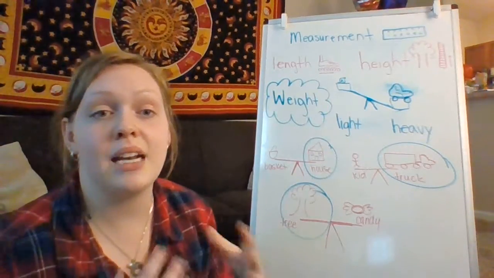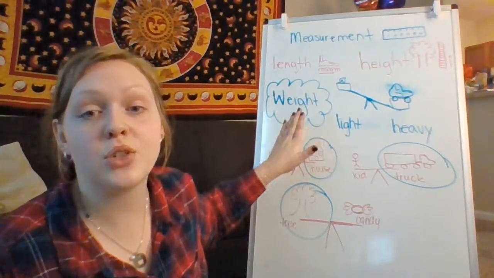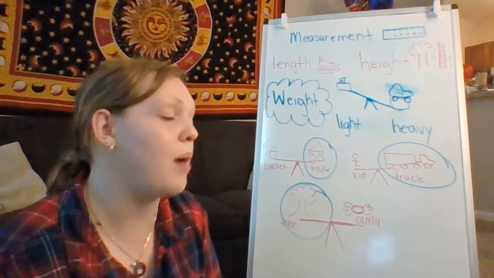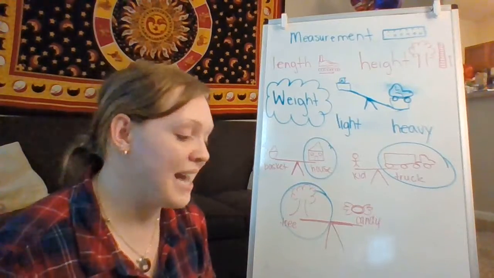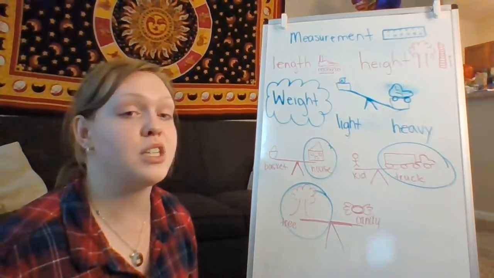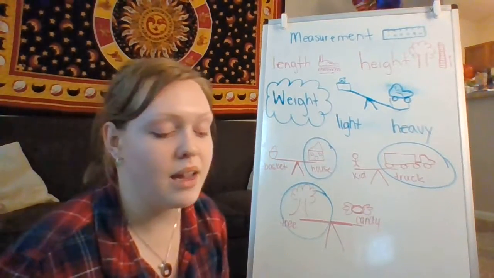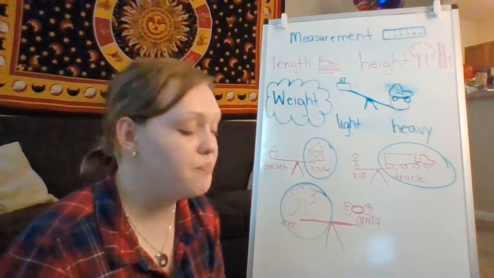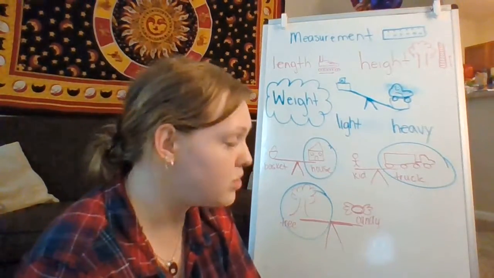You can look at an item and tell its length, height, and weight, and describe it by those properties. That is what we call a property. Length, height, and weight are ways to measure an object and tell more information about it. When you are describing an object, using length, height, and weight is a great way to expand on what you're saying, maybe if you're writing a sentence. It's a good way to expand what you're saying and what you're writing about.